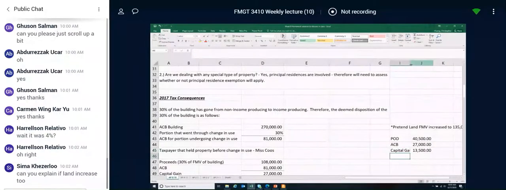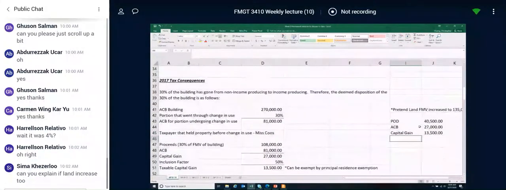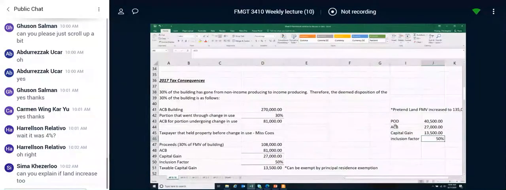Then you'd say inclusion factor is 50%. So your taxable capital gain is 6,750.